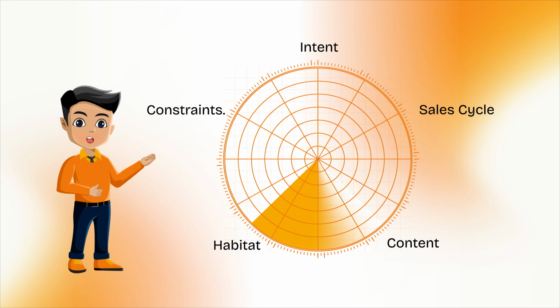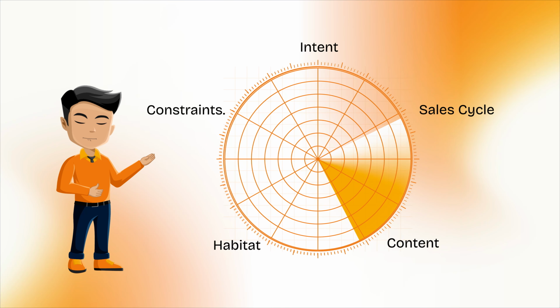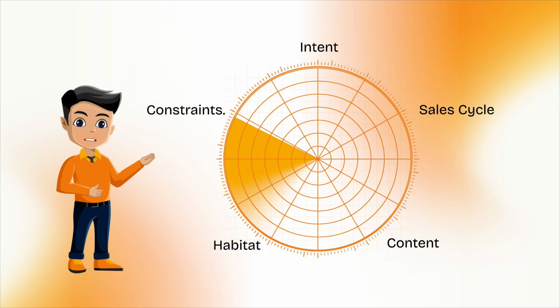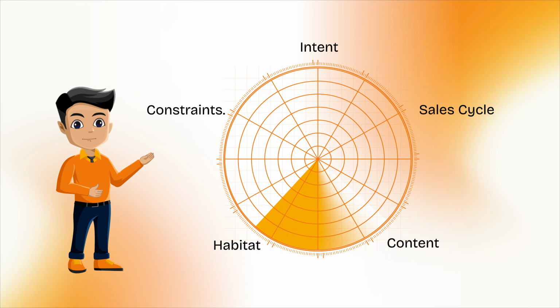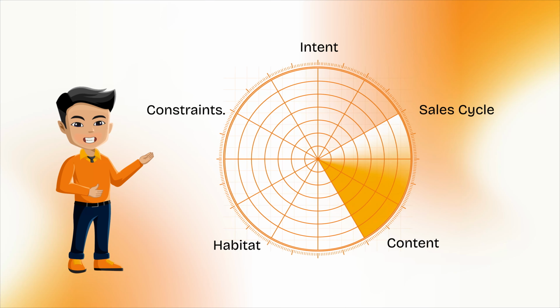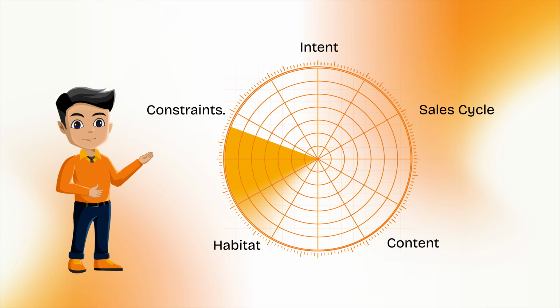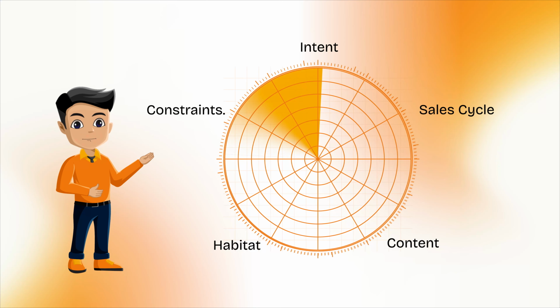Do you have credible expert content or strong creative video? 4. Audience habitat. Where do they already hang out? Google, YouTube, LinkedIn, TikTok, communities, newsletters. 5. Constraints. Team bandwidth, tracking readiness, compliance, and geo.